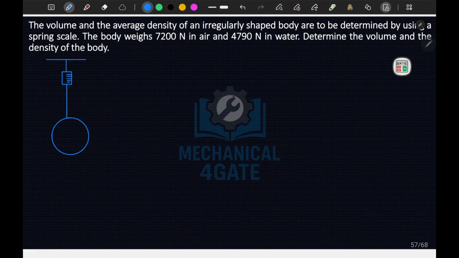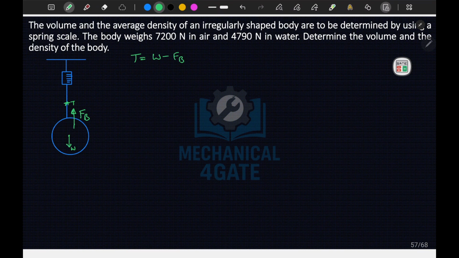This is your object. There will be two types of forces acting. First is your weight, second is your buoyant force, and here is your tension T in the wire. This tension T is equal to weight minus buoyant force.